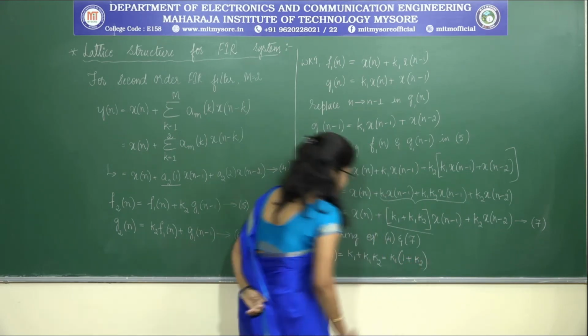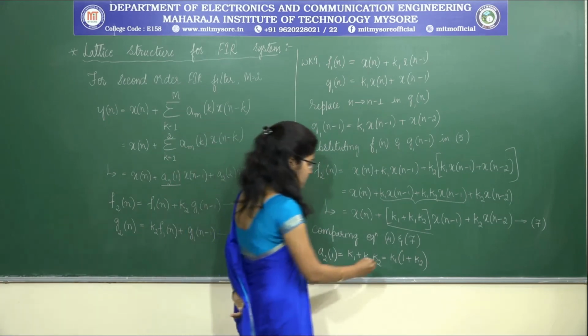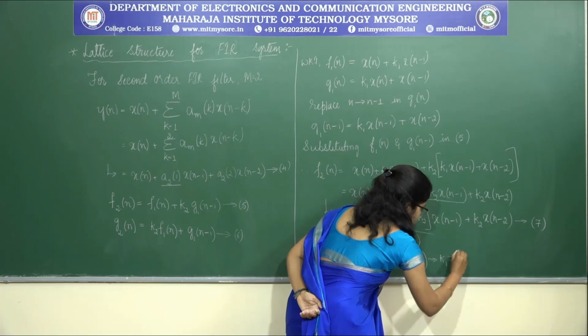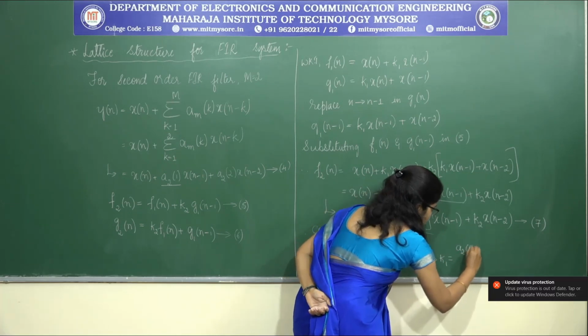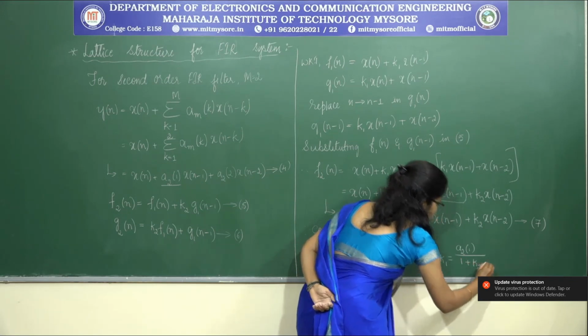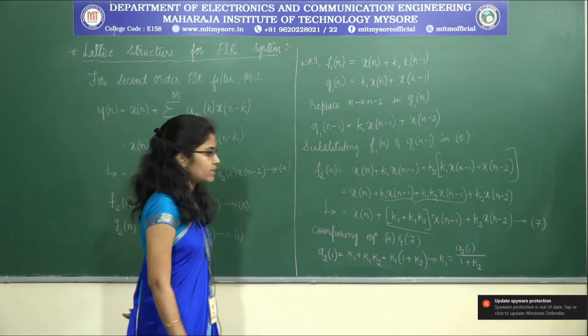What I have done is taken k1 as the common factor. So can I find out k1 from this expression? Yes. Therefore, k1 is equal to a2 of 1 whole divided by 1 plus k2. So this is the expression for k1.